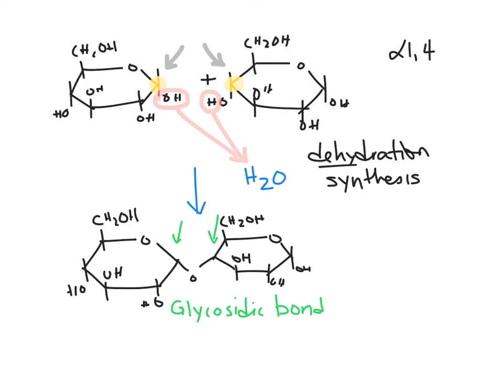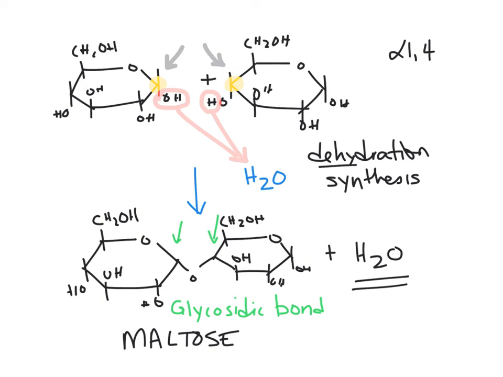And if you remember, if I took 2 glucoses and put this together, I would get a maltose and water produced. So that's how we do it. And if you want to make an amylose, you just continue to add more and more glucose residues to the maltose, and then you will have a polysaccharide built of either amylose, amylopectin, or glycogen.